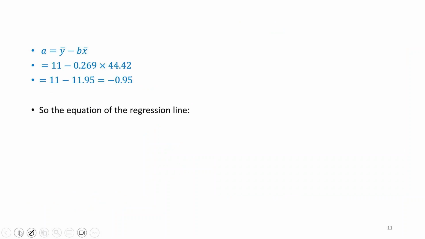A is y bar minus b x bar. Y bar we have seen in the previous slide, and x bar also is this, and the b value is this. So we find the value of a, it is this much. So the equation of the regression line becomes y equal to minus 0.95 plus 0.269x.